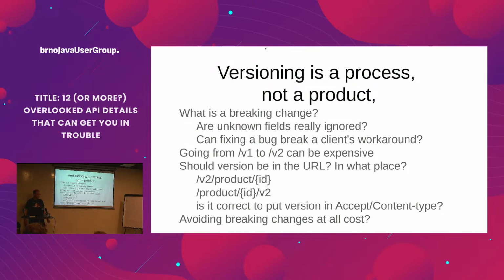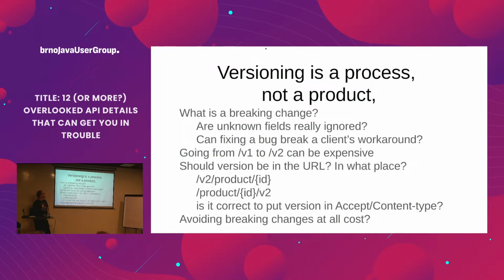Now, even though we want our APIs to last, it is inevitable that sometimes something needs to be changed, and it may not be compatible. So we need to have multiple versions of our API.